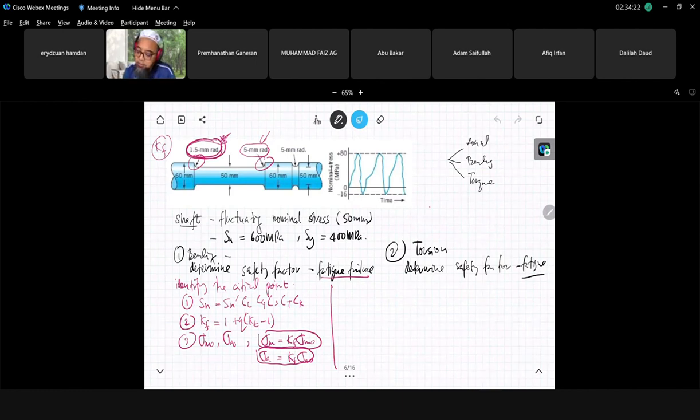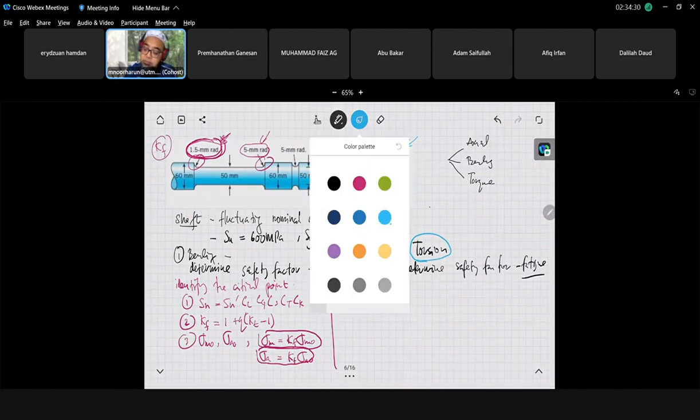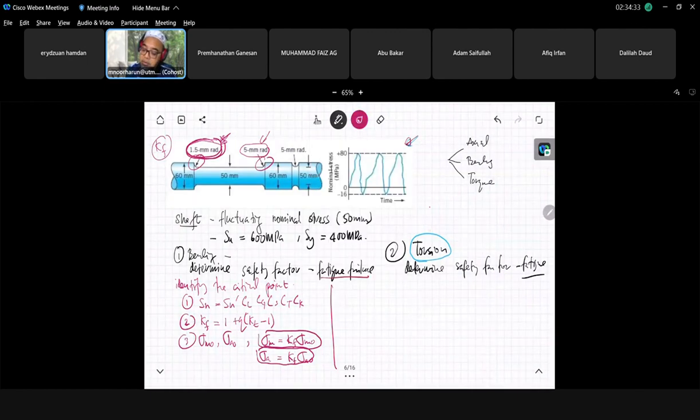So if this is torsion, it means that you have shear stress here.